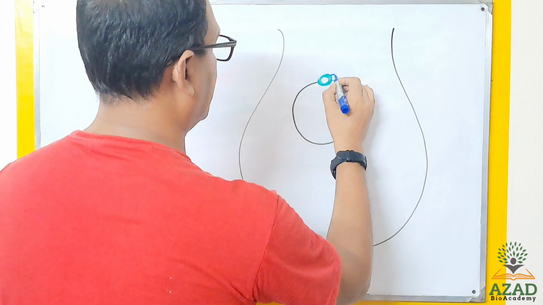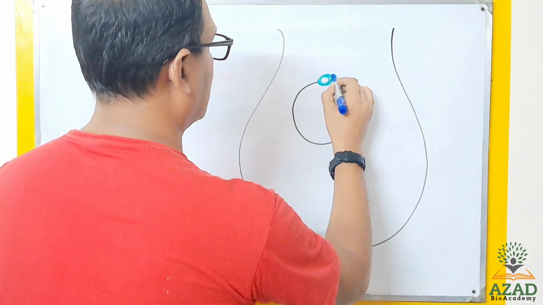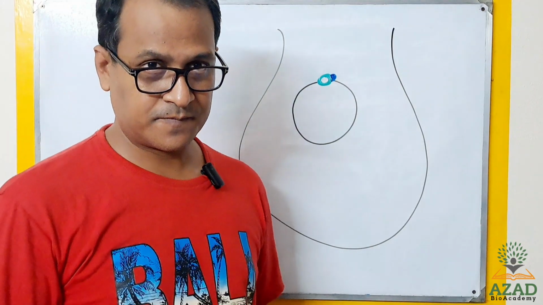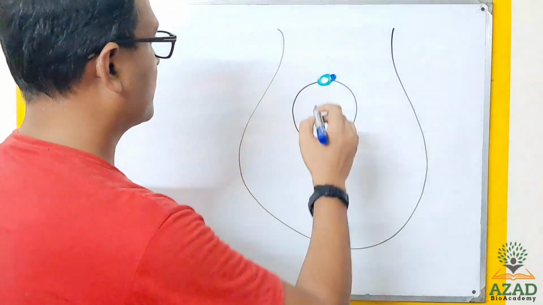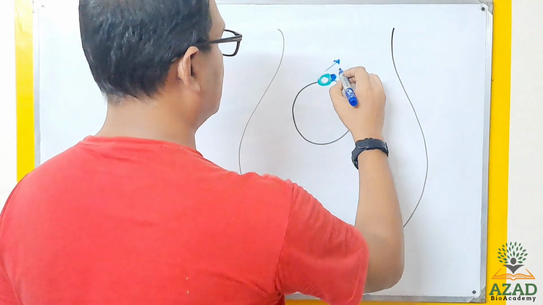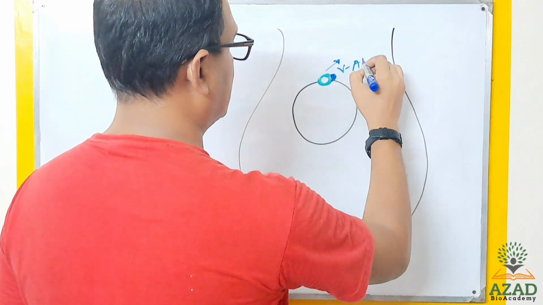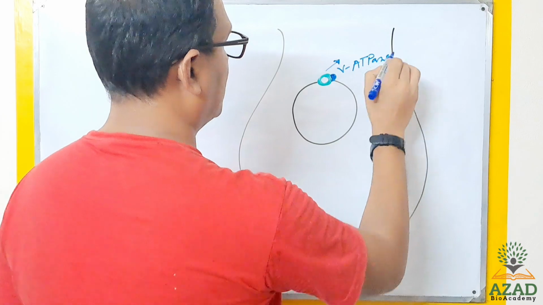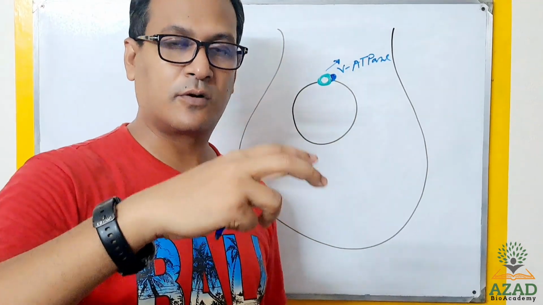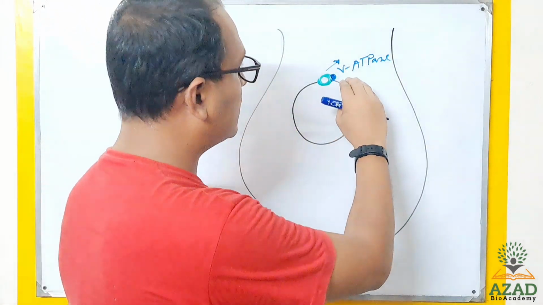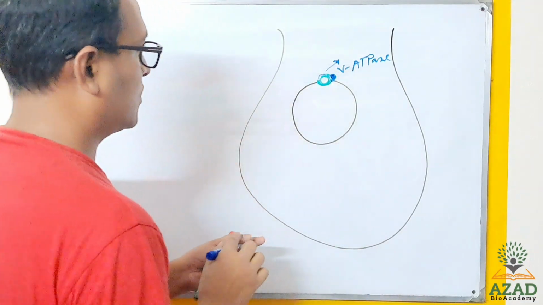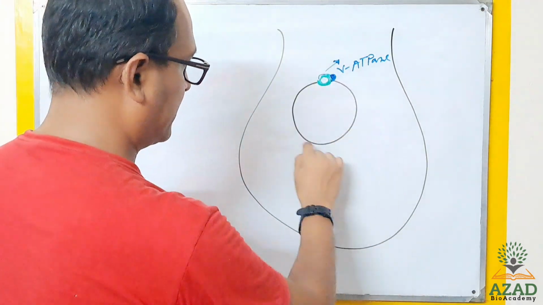This pump is the VATPase. V is for vacuolar, not vascular, because it was first discovered in the vacuole. So vacuolar ATPase, the VATPase, is embedded within the membrane.